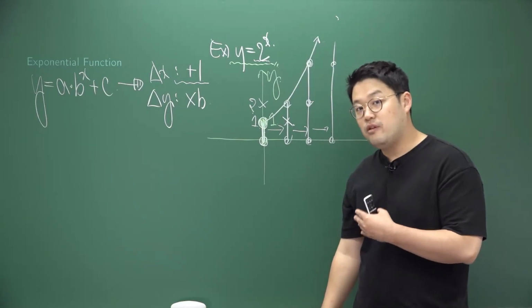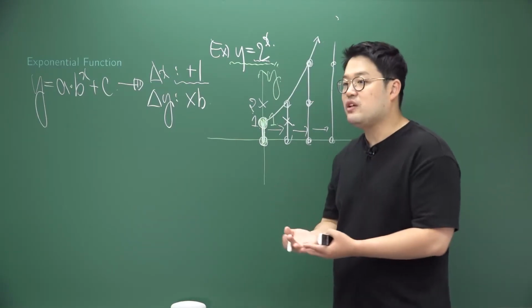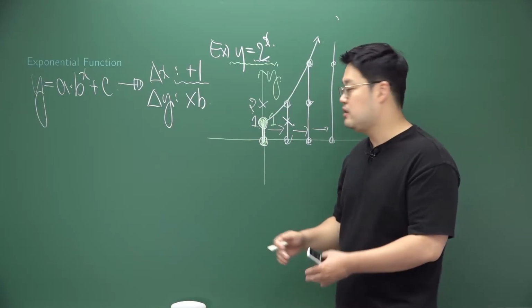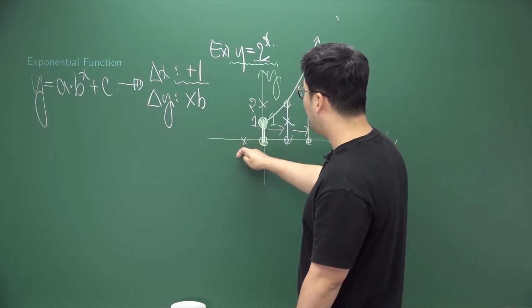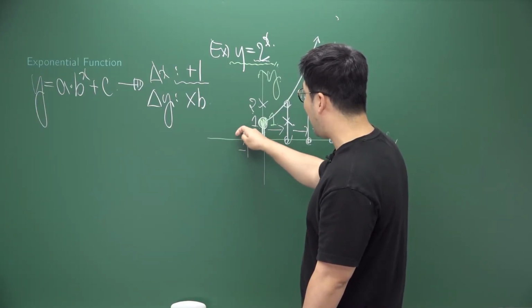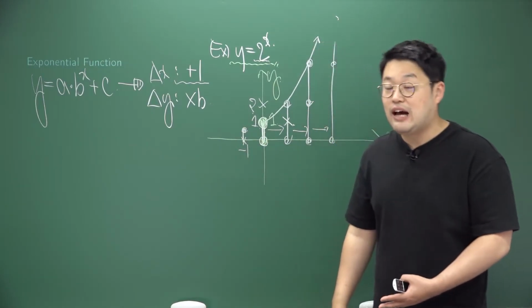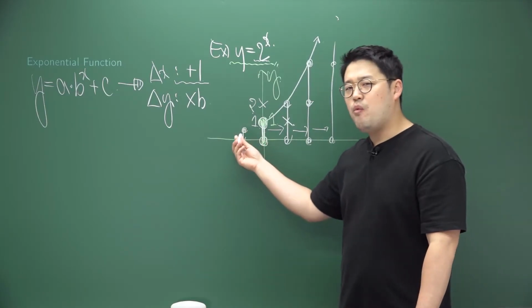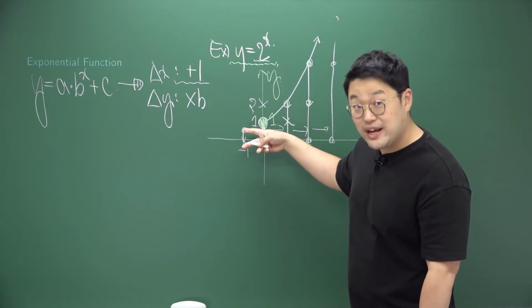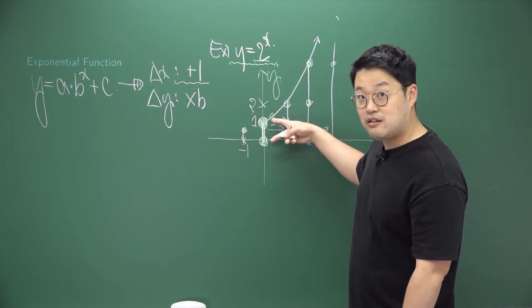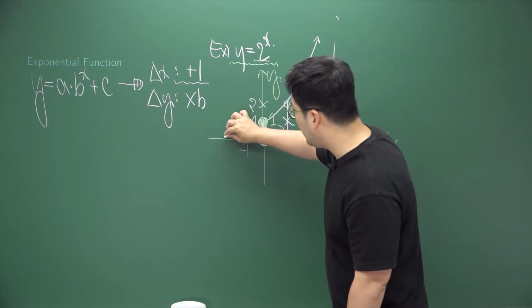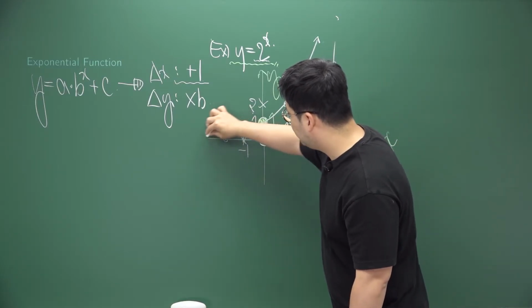But we don't stop here. Maybe we could look at the previous step, or how the previous step looks. If you look at -1, we have half of it. Because if you multiply that 1/2 of the length by 2, then we get the length of 1. And we also get 1/4.